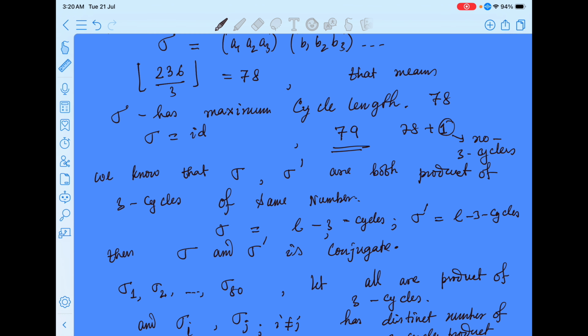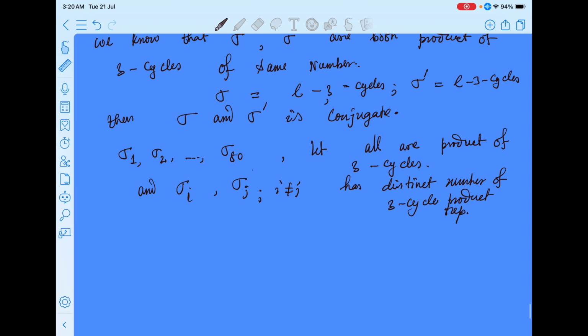I mean, we can multiply at most 79 3-cycles, but there are 80 elements.